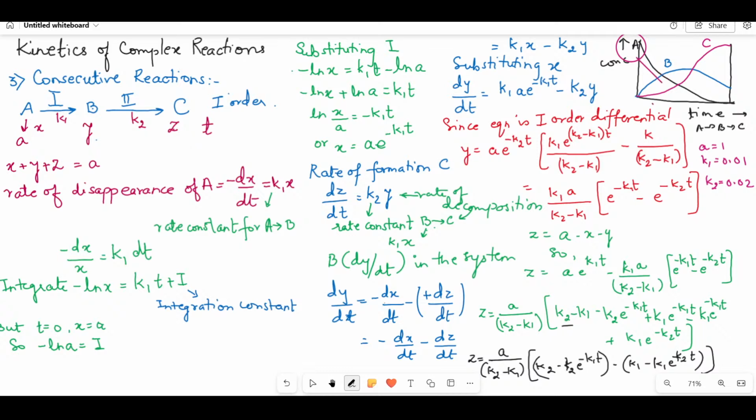Concentration of C rises continuously. Concentration of B rises to a maximum and then decreases with time.